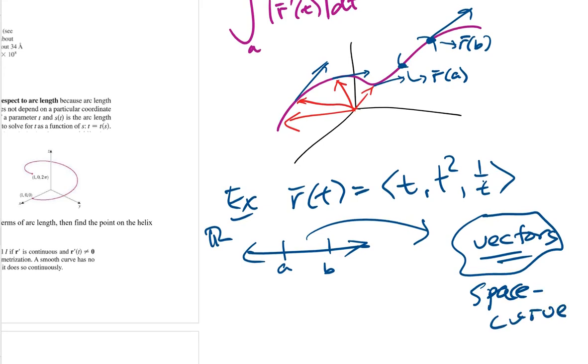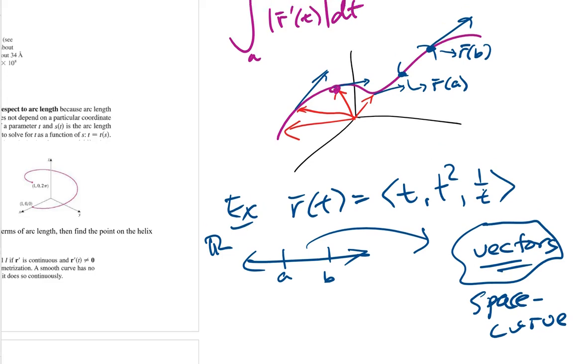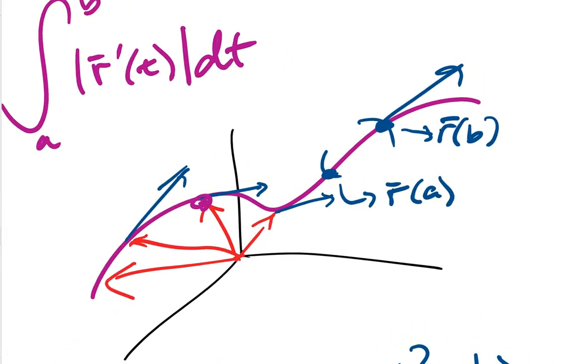So you pick a number, let's say 2. So you get 2, 4, 1/2, and that will be a vector, and the endpoint of that vector will land on the graph. Each one of those points has a tangent vector associated to it.